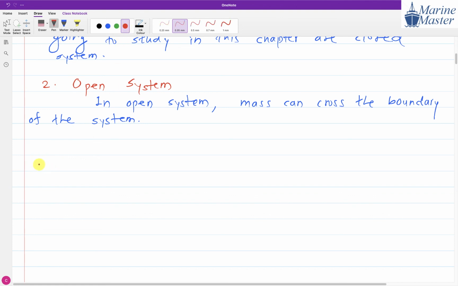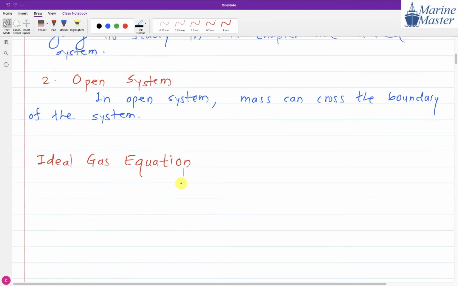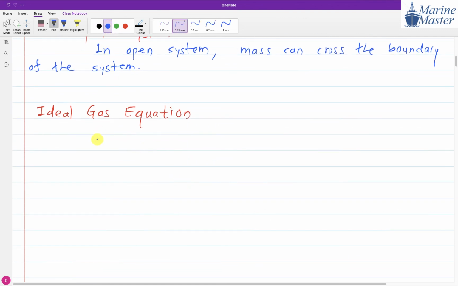The next important point is the ideal gas equation. What is the ideal gas equation? PV is equal to mRT. It is the heart of this chapter.